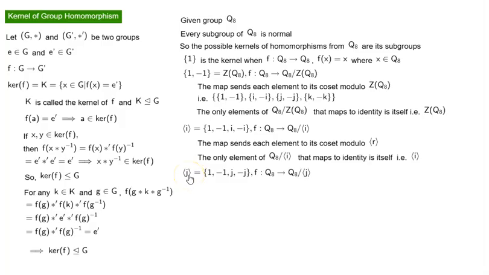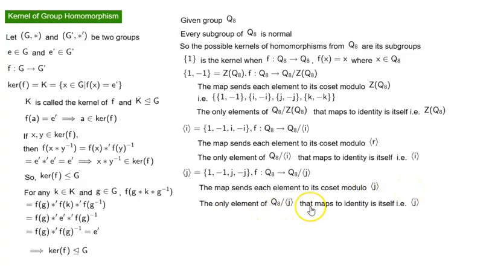The subgroup generated by j is {1, -1, j, -j}. And the homomorphism f maps Q8 to the quotient group Q8 by the subgroup generated by j. So the map sends each element to its coset modulo j. So the only element of Q8 by j that maps to the identity is itself. Same logic here also.